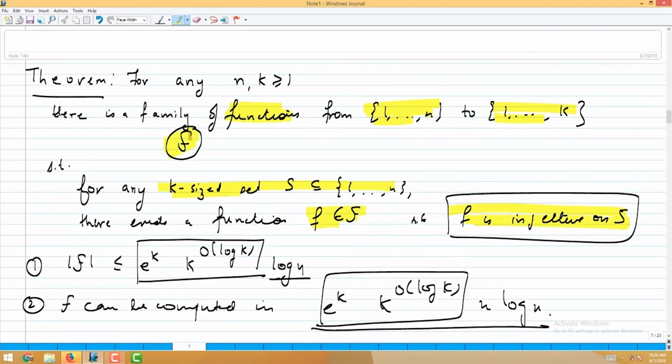And now what will be the running time? The running time will be the number of functions for which we have to run the colorful k path instance. And how many functions are there? That's the size of the family. So it is some e power k into k power order log k many times you are running the colorful k path instance, and each takes time k factorial into polynomial in n.